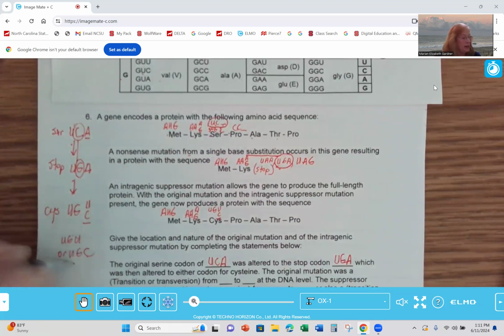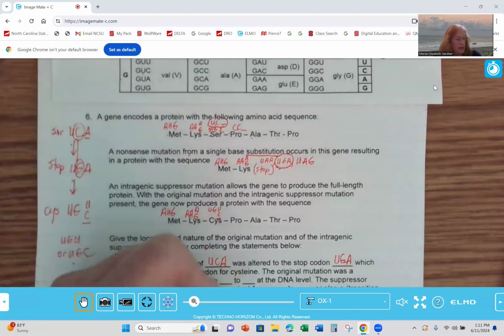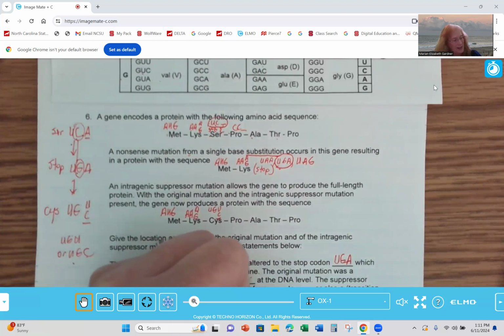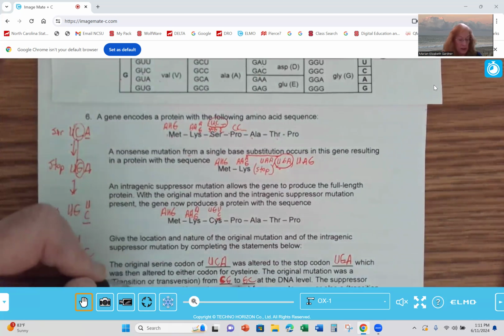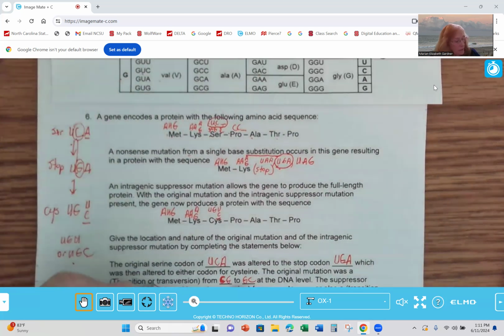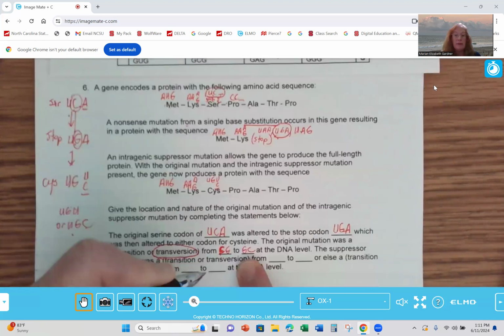The original mutation from C to G, which means at the DNA level, a CG to a GC. And the suppressor mutation, oh, and by the way, this would be a transversion because the C went to a G, and those are different types of molecules.